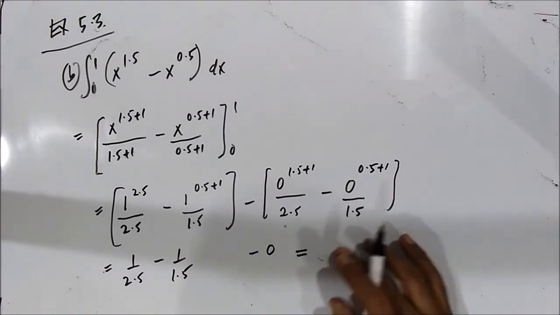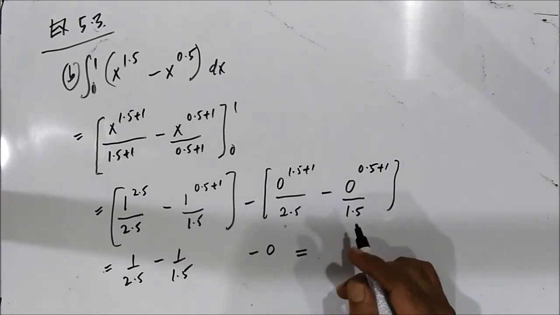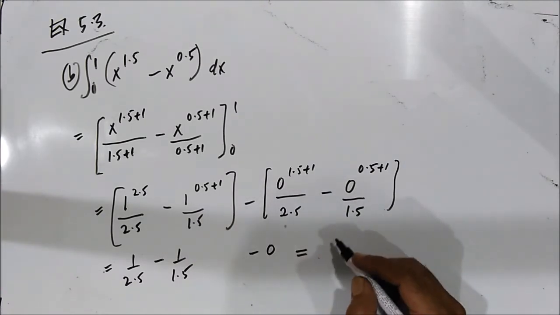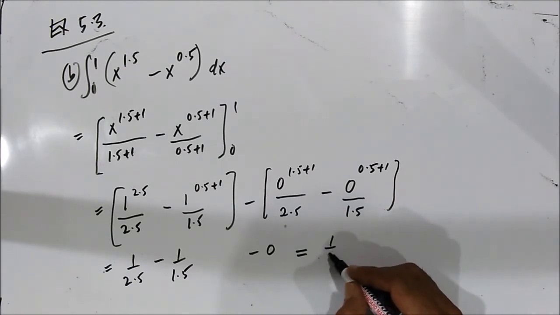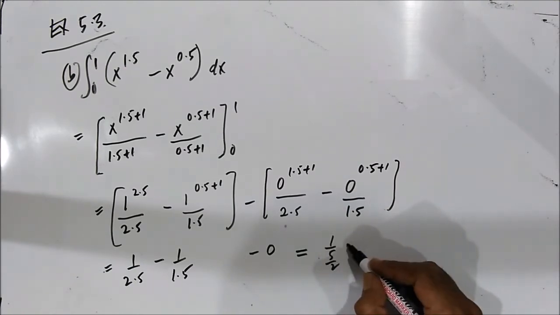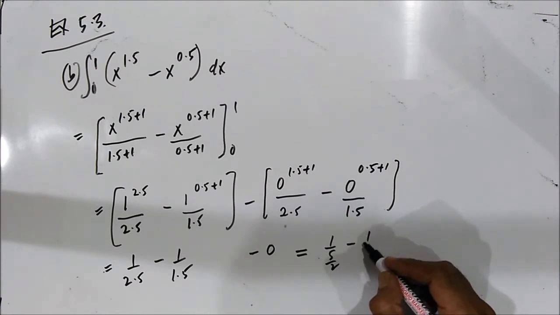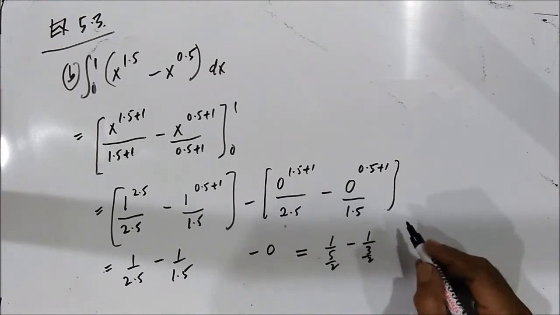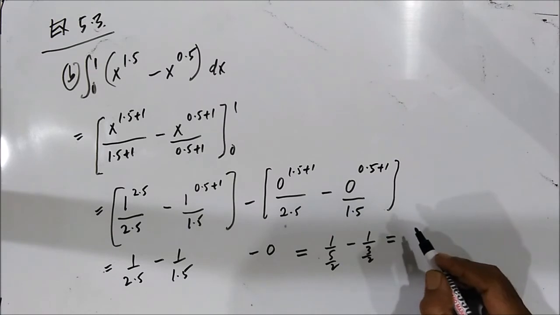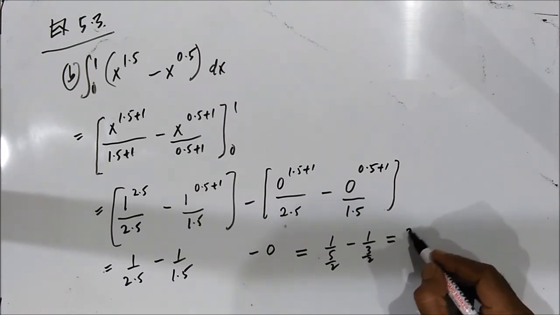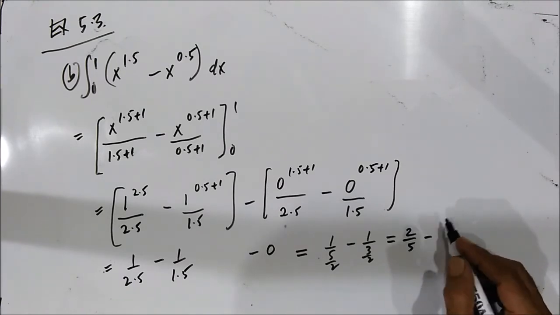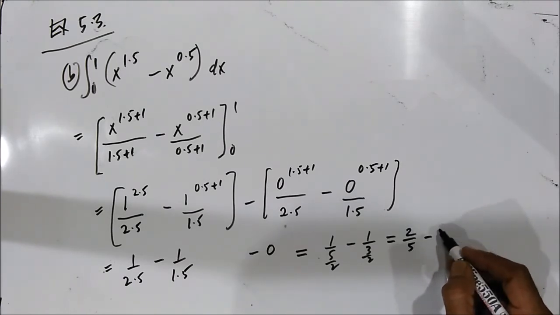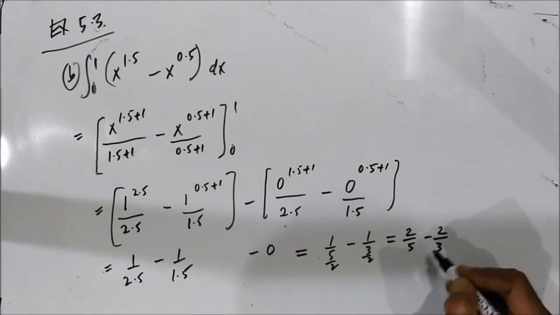If you write it, 1 over 2.5, and 2.5 is 5 over 2, so 1 over 5 over 2 minus 1 over 3 over 2. So this can be written as 2 over 5 minus 2 over 3.